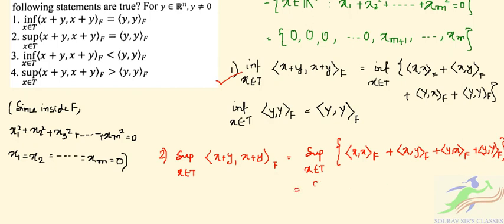If we find the supremum over x, the supremum will be the same as the inner product of y with y itself, and this also satisfies option 2. So for this, option 1 and option 2 are both correct.